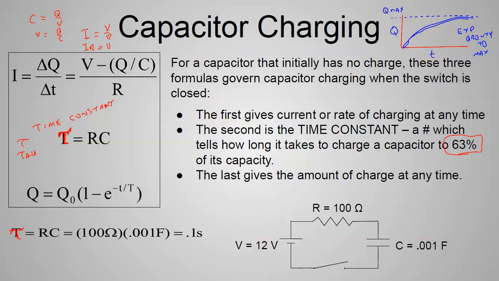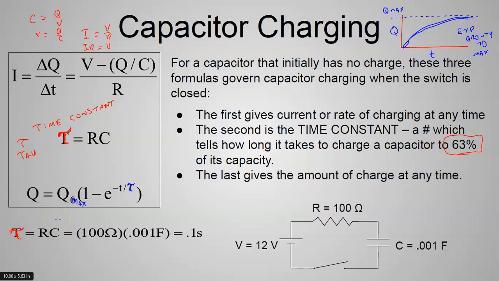And that's kind of a neat graph right there with that thing. The form of that you can see down here. The charge on the plates at any time is equal to Q naught. And really, Q naught's the way you see this written, but it's better, I think, to write Q max. How much charge can I put on those plates? Times 1 minus e to the negative t over tau.